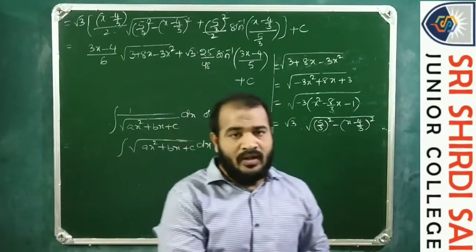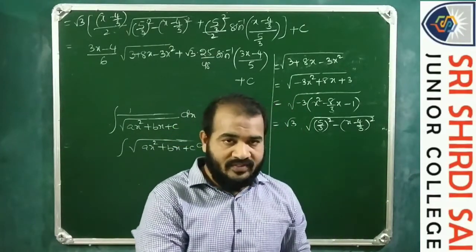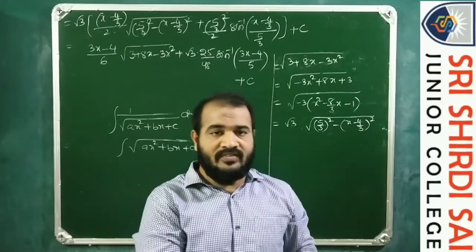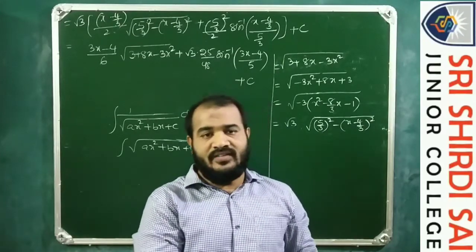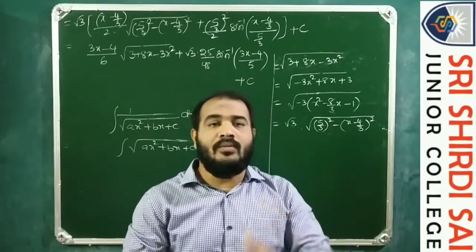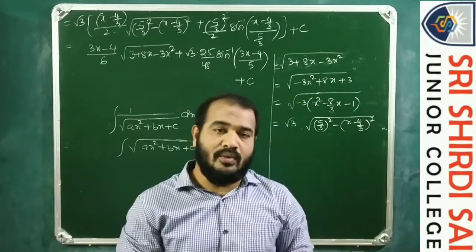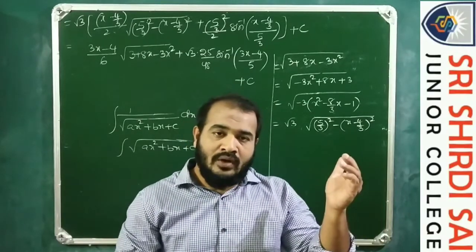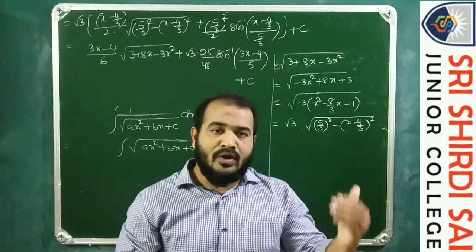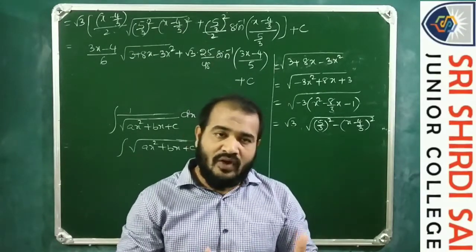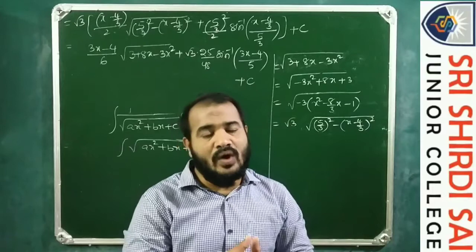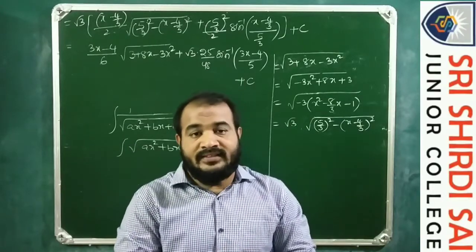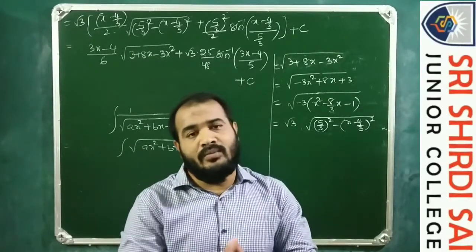So three formulae: integral root of a square minus x square dx, integral root of a square plus x square dx, integral root of x square minus a square dx. And the other six formulae we have learnt: integral 1 by root of a square minus x square dx, 1 by root of a square plus x square dx, 1 by root of x square minus a square dx, 1 by a square plus x square dx, 1 by a square minus x square dx, and 1 by x square minus a square dx.